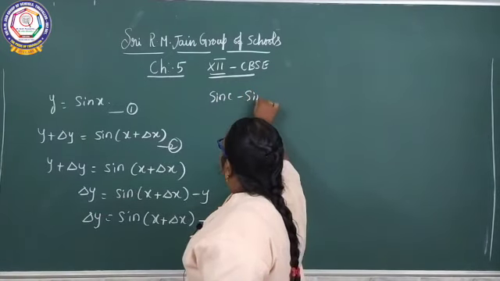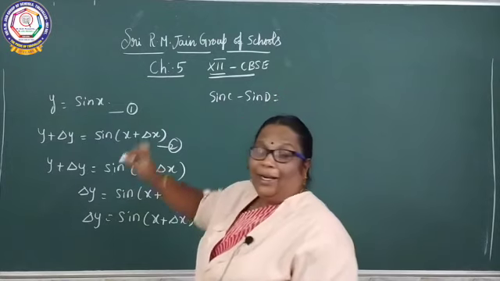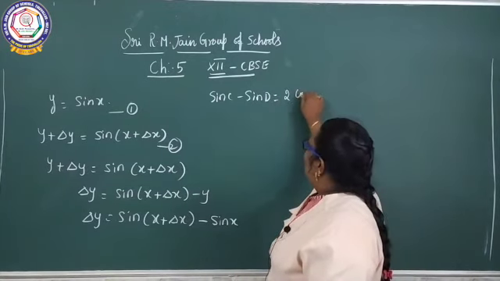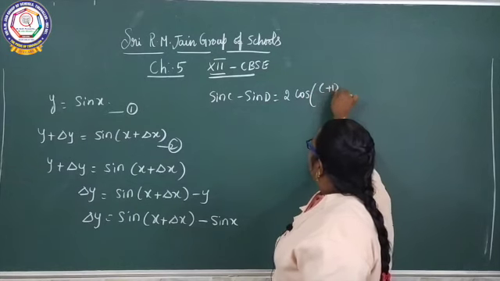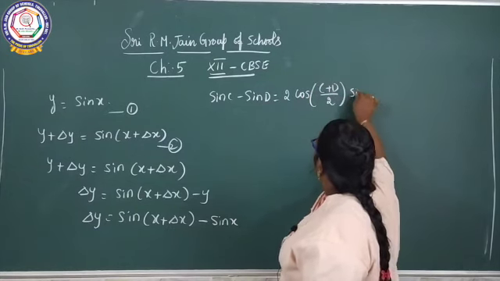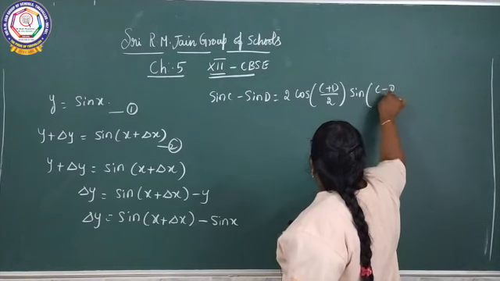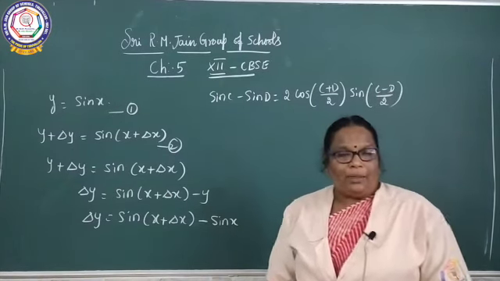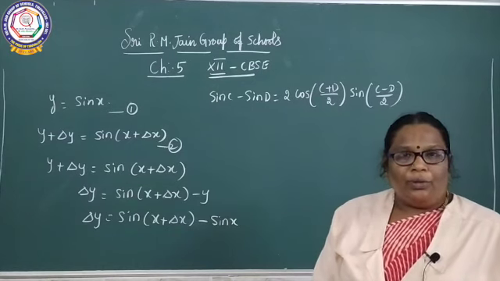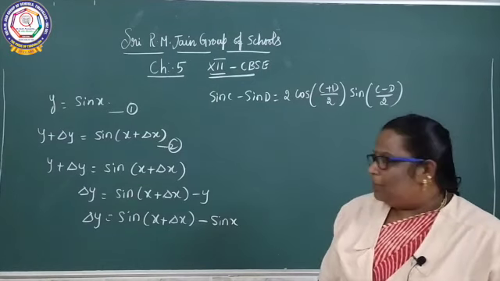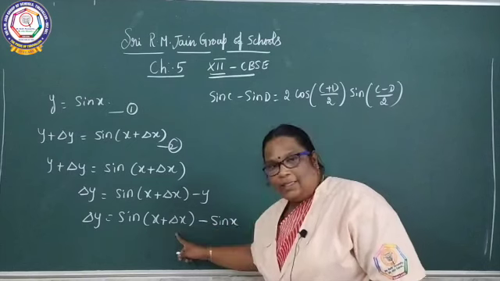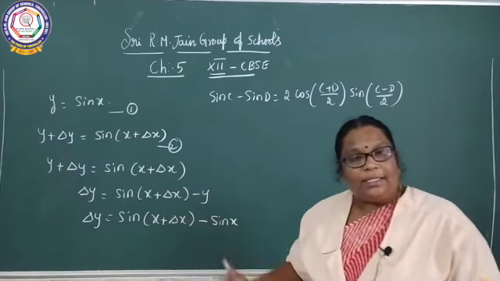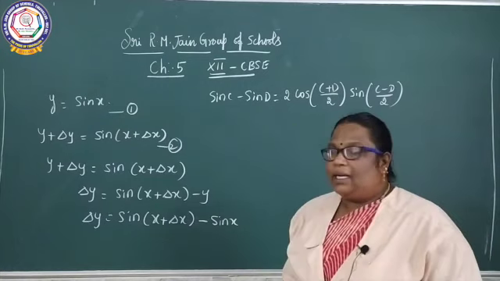It is 2 cos of (c plus d) by 2 into sin of (c minus d) by 2. This full value you can take as c and this value as d.